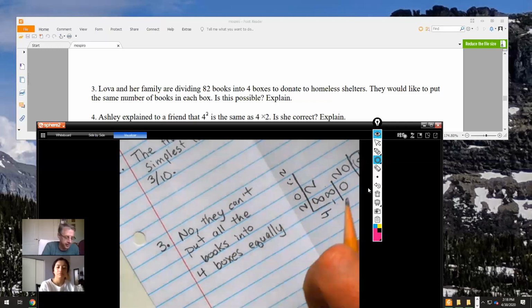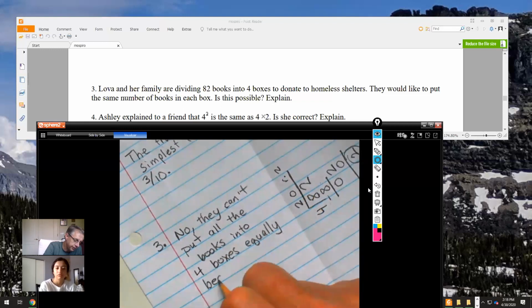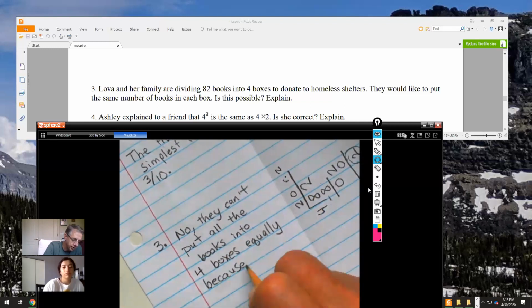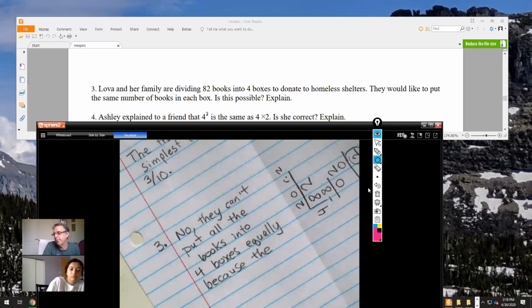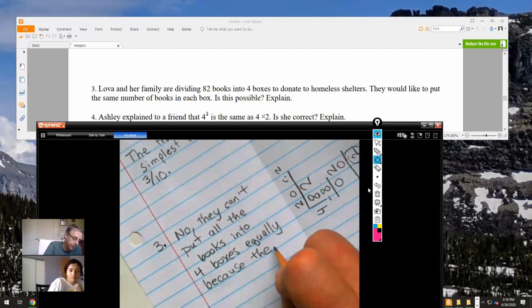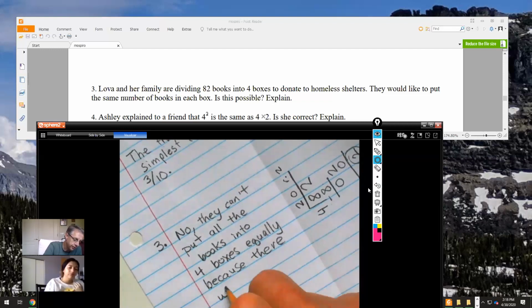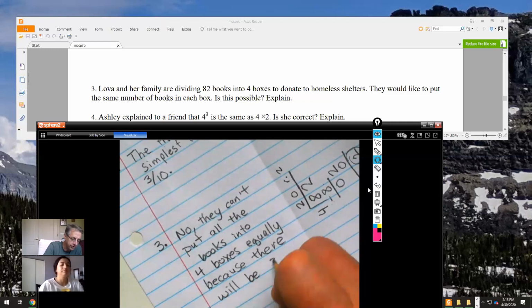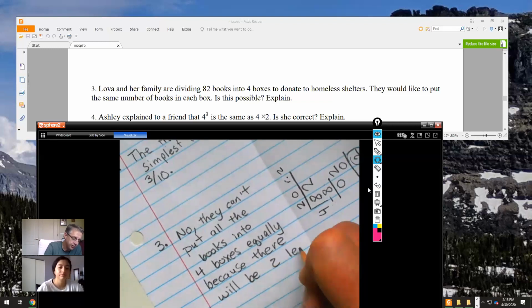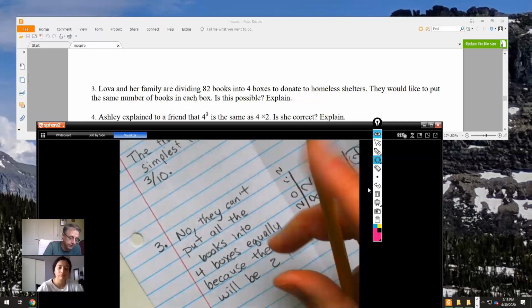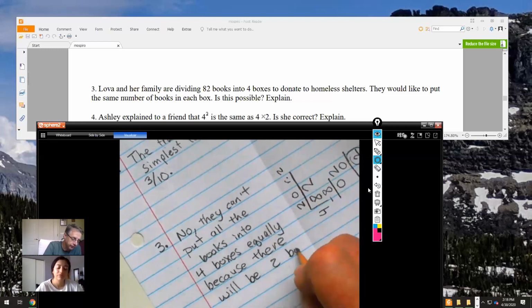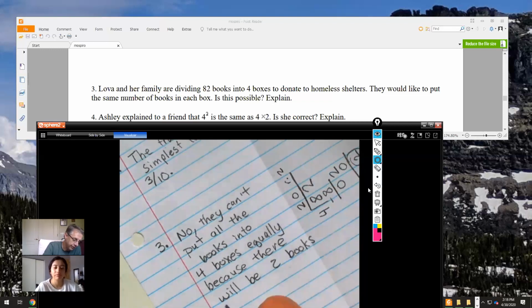The reason why is because there's going to be 2 left over. That was our remainder. And I might just say 2 books. It's kind of nice to write it out like this because we want to know what the 2 means. So there will be 2 books left over.